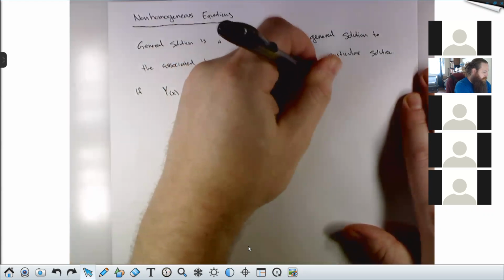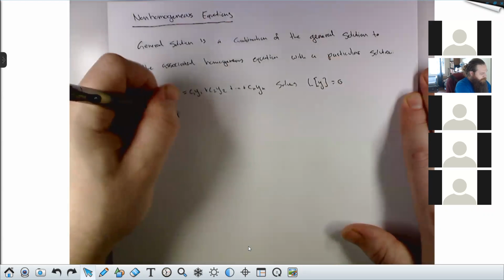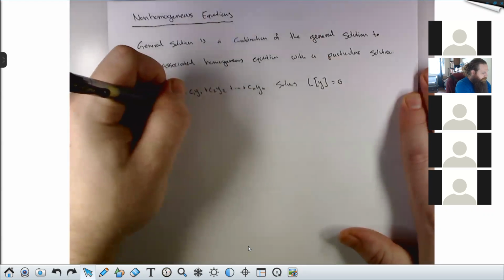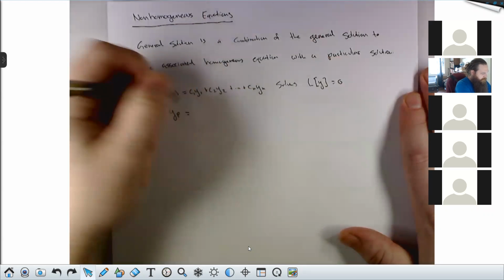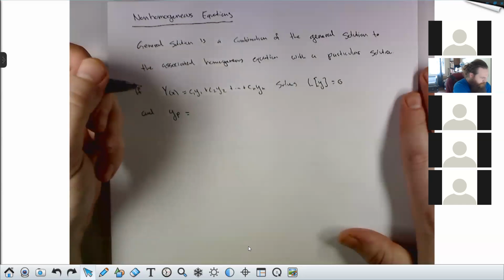solves L of y equals 0, and I'll call it little yp, they use a notation for this, they just call it little yp.